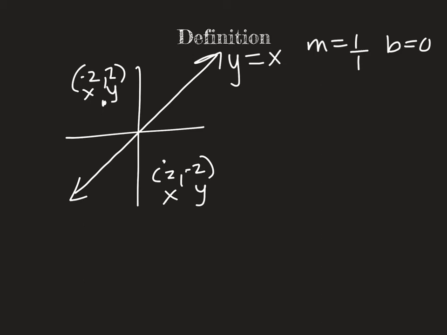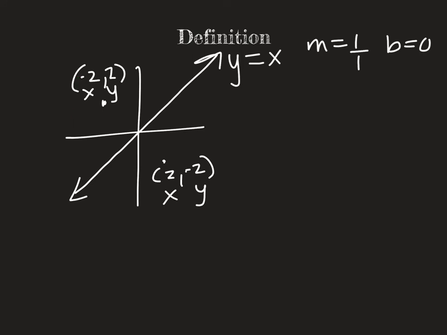Anyway, taking that idea, notice how here the x and the y are basically looking at themselves in a mirror. The x is going to become the y value, and the y value is going to become the x.